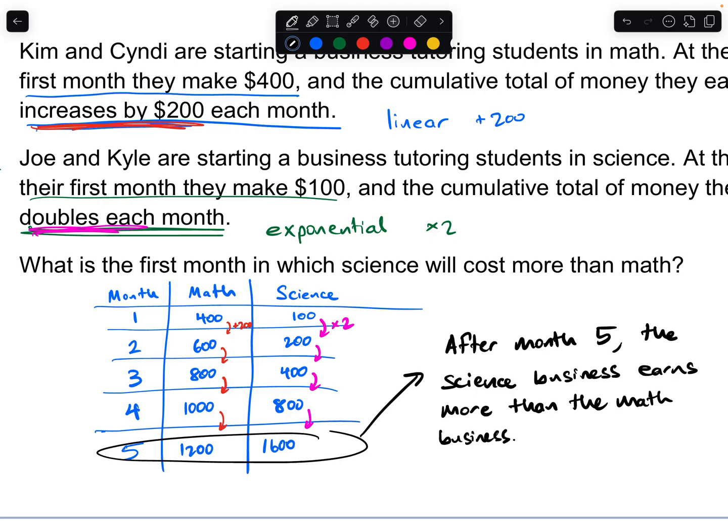There we go. Hopefully you see that pattern where this is linear, we're adding 200 every time, but this is exponential. And as we do more of these, you'll notice that exponential functions will eventually, it might take a long time, might not, will eventually grow faster than linear.